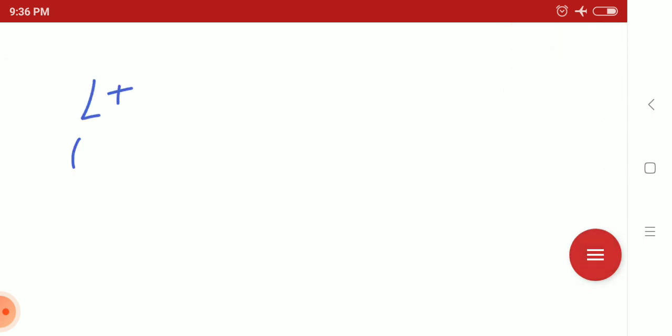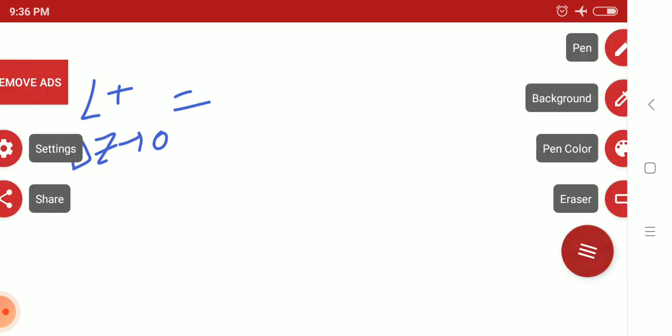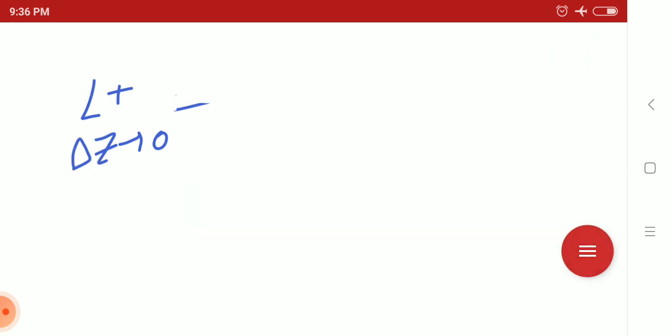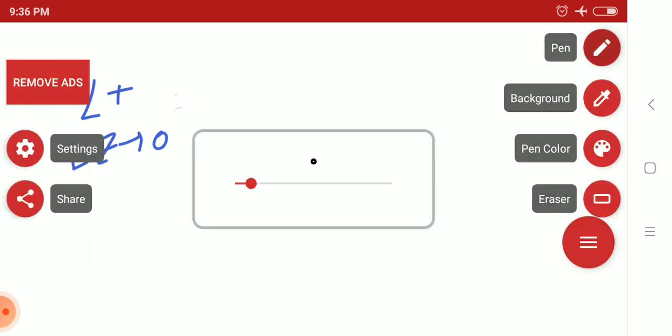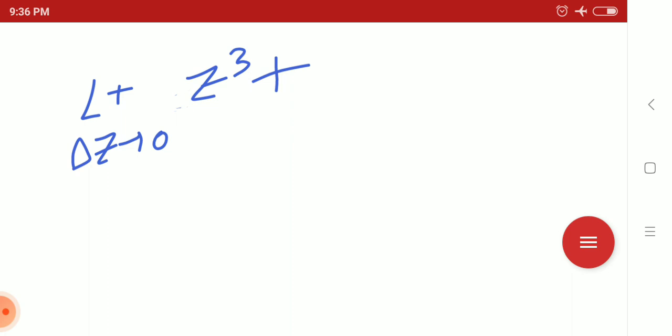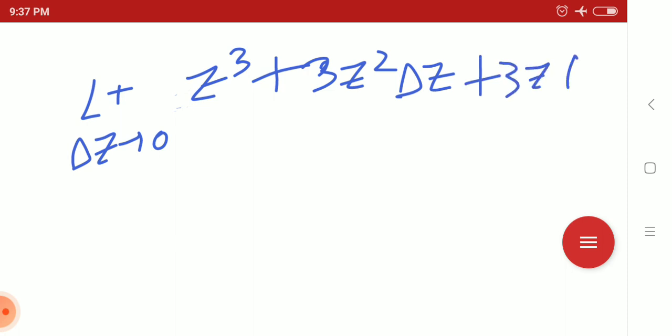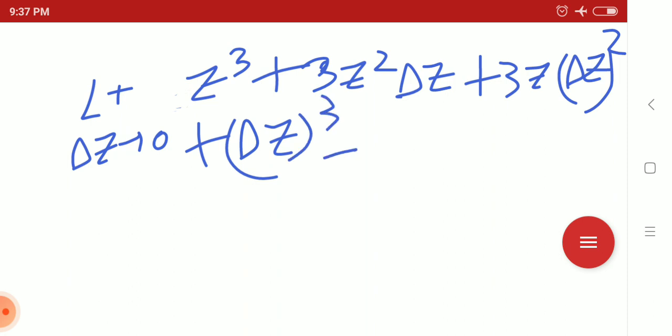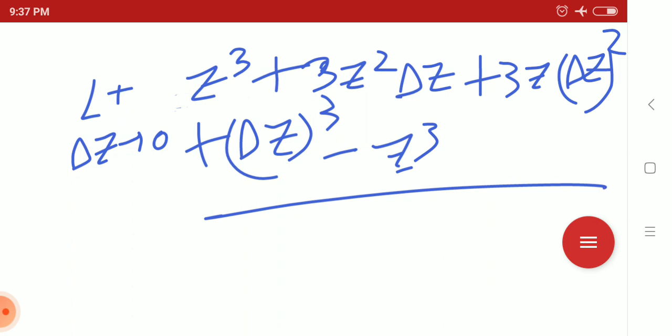If we break this, we get z plus delta z whole cube as z cube plus 3z square delta z plus 3z delta z whole square plus delta z whole cube, minus z cube, divided by delta z.